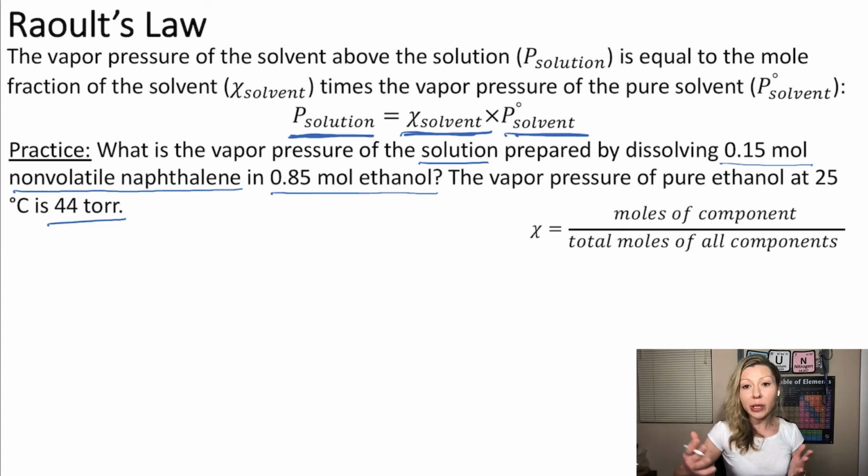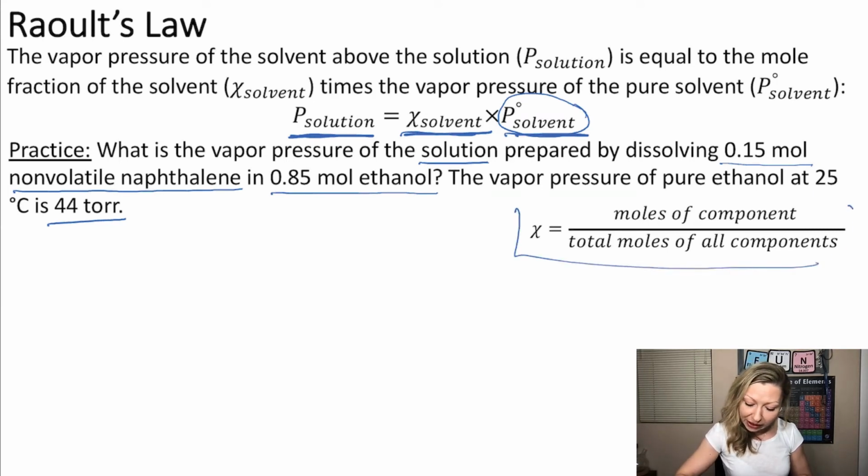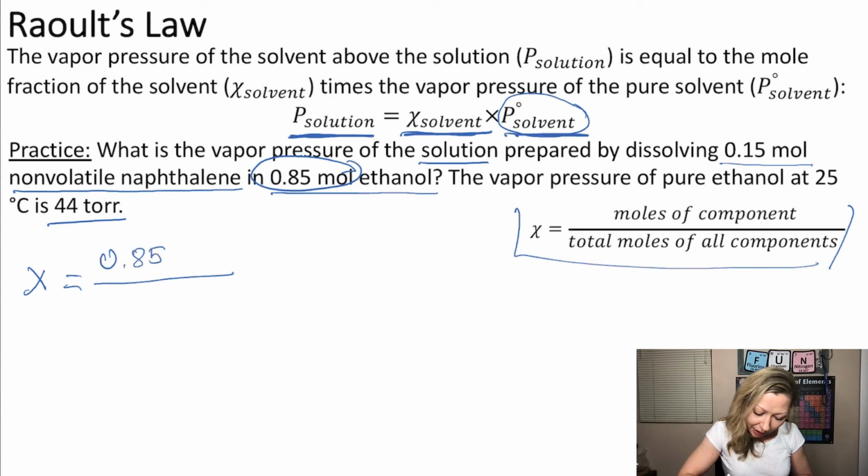So first we need to identify what is given. We have the vapor pressure of the pure ethanol, right? So this is already given. And we actually have the moles of the solute and the solvent. So from here, we can calculate the mole fraction of the solvent, which is going to equal the moles of the component, so the moles of the ethanol in this case, which is 0.85 moles, divided by the total moles of all components.